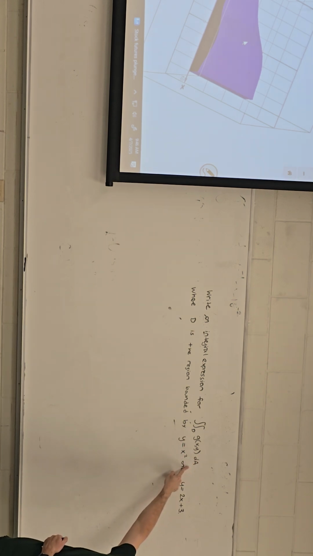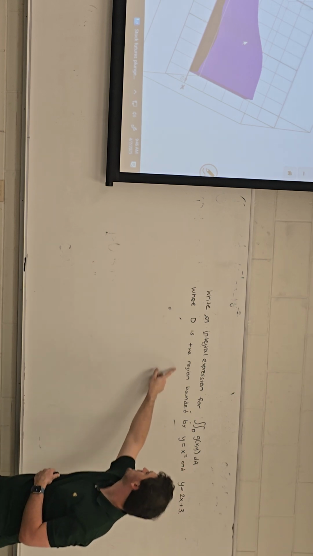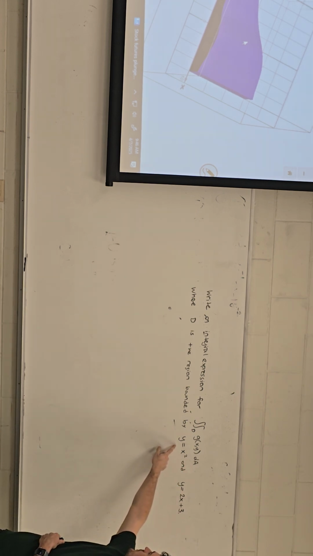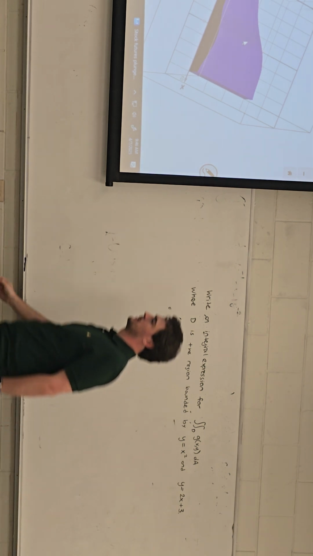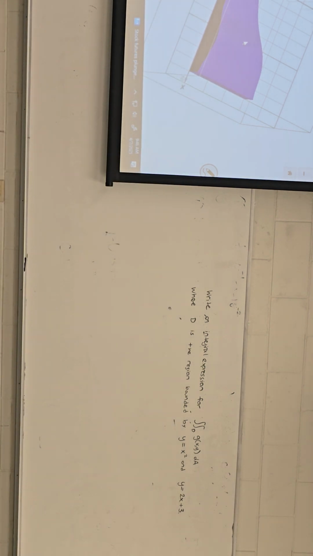It's not telling me the order of integration. And it's saying D is the region bounded by y equals x squared and y equals 2x plus 3. Again, all we're interested in today is just the region itself.